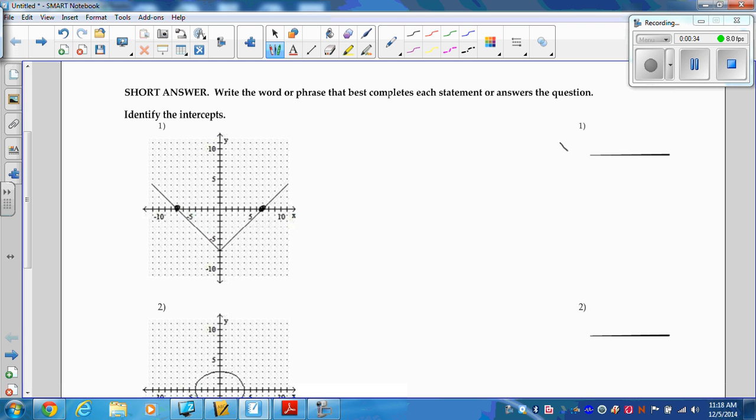So the x-intercepts are 7, 0 and negative 7, 0. The y-intercepts are down here on the y-axis, and the y-intercept is 0, negative 7.